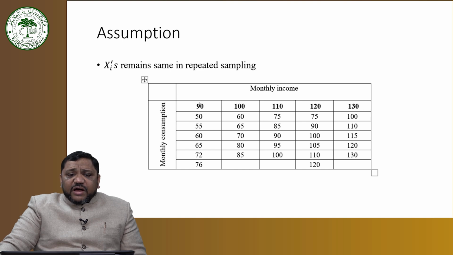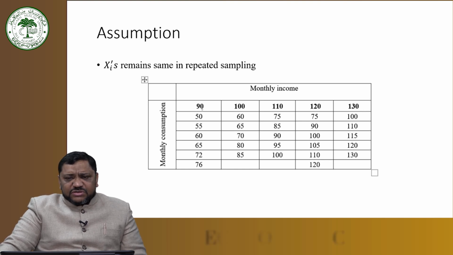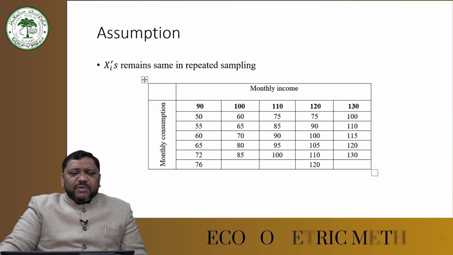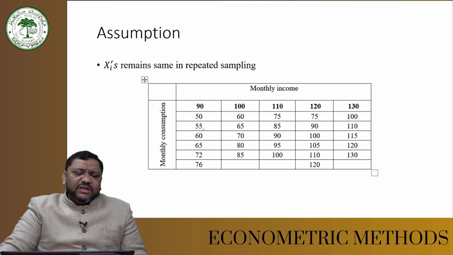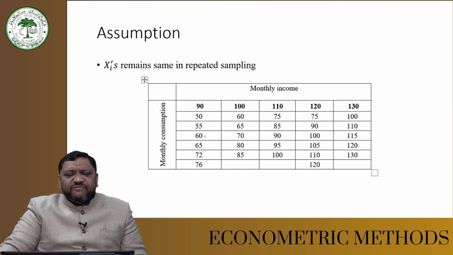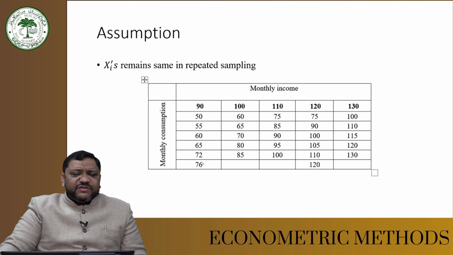Now, for a family whose income is 90, there may be many families whose income is 90. One of those families' monthly consumption expenditure is 50, the next family's is 55, 60, 65, 72, 76. But this X is fixed.